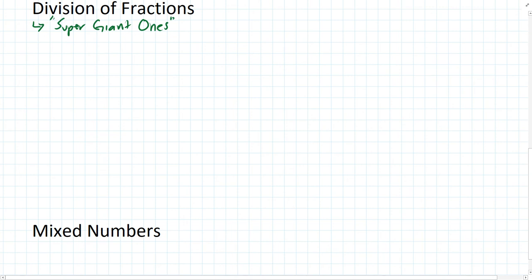Okay, so let's go ahead and use the same fractions again. So we're going to go ahead and divide 2/5 divided by 1/3. Okay, the first thing I'm going to do is set up a super fraction.